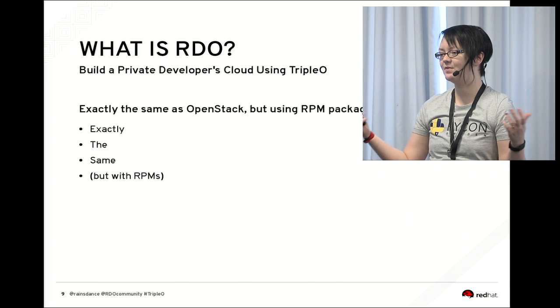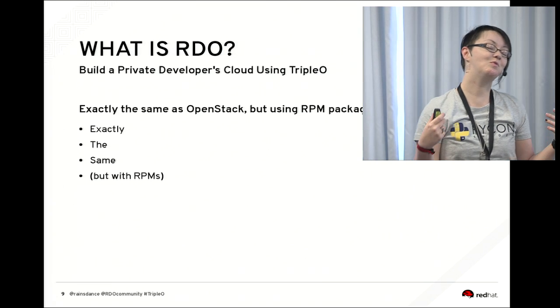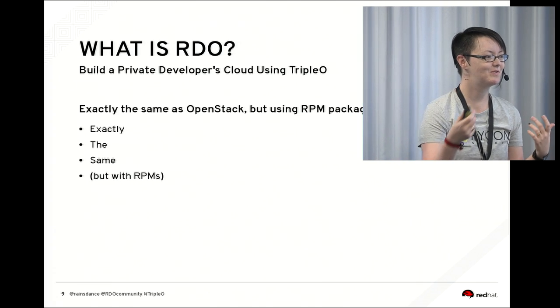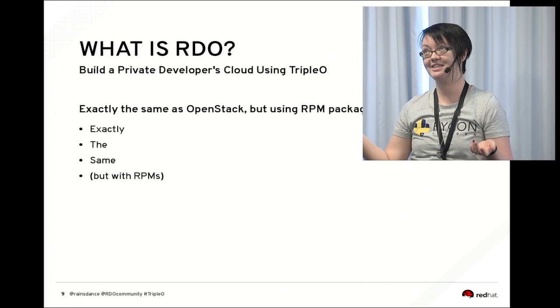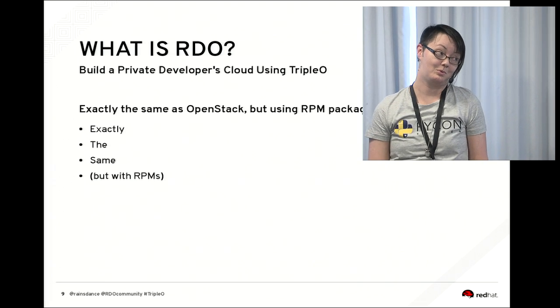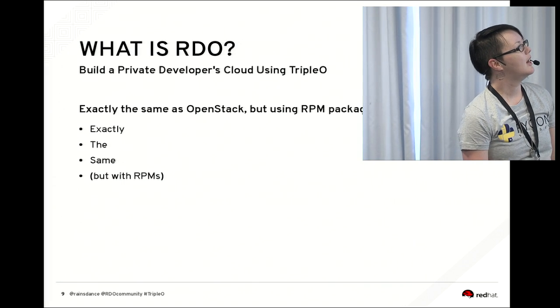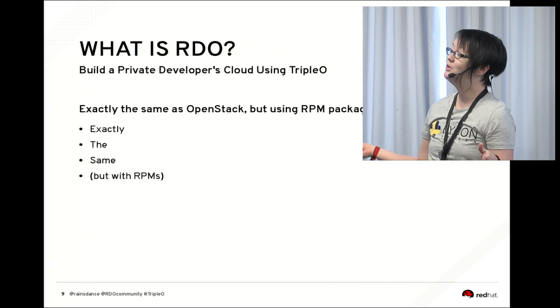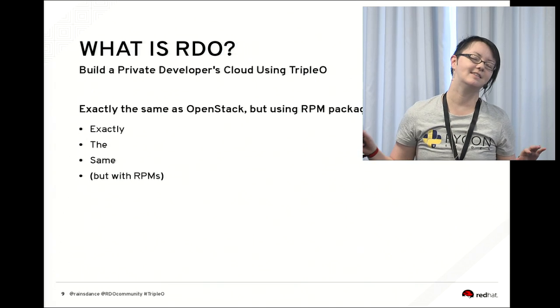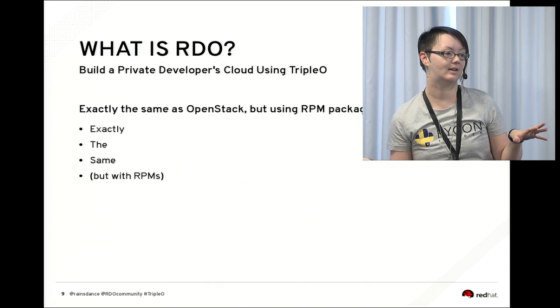It could stand for Red Hat a little bit, it could stand for Rain a little bit, it could stand for Rich, or any of our other ATC contributors who start with R, or want their names to start with R. But the important part for you is that it is exactly the same as OpenStack.